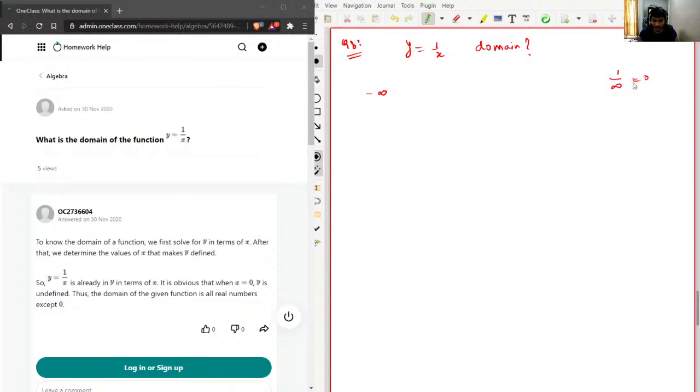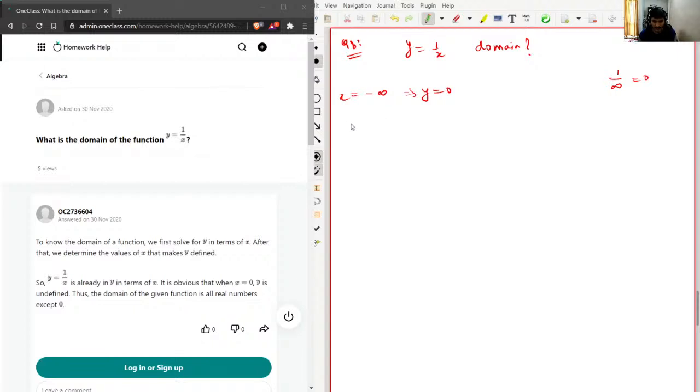So yeah, 1 over infinity is 0. So if I check this for x equal to minus infinity, then this will be 0, because 1 over minus infinity, it doesn't matter if it is minus or not. It will be minus 0, and there is nothing like minus or plus 0. 0 is just 0 only.